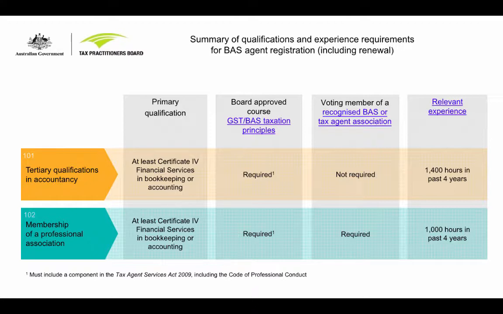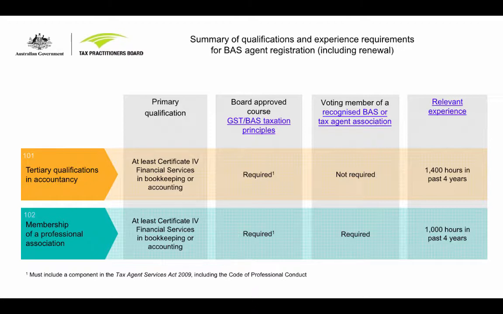So we need at least a certificate in financial services, bookkeeping or accounting. For myself, I had quite an old, I think it was 2003, bookkeeping qualification. And then more recently, I completed a master's in business administration. And so that master's together was almost enough to satisfy the TPB that I could be a BAS agent.